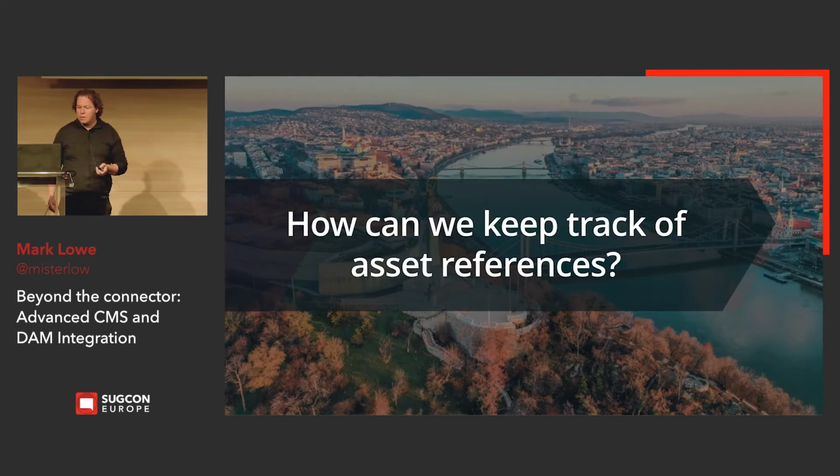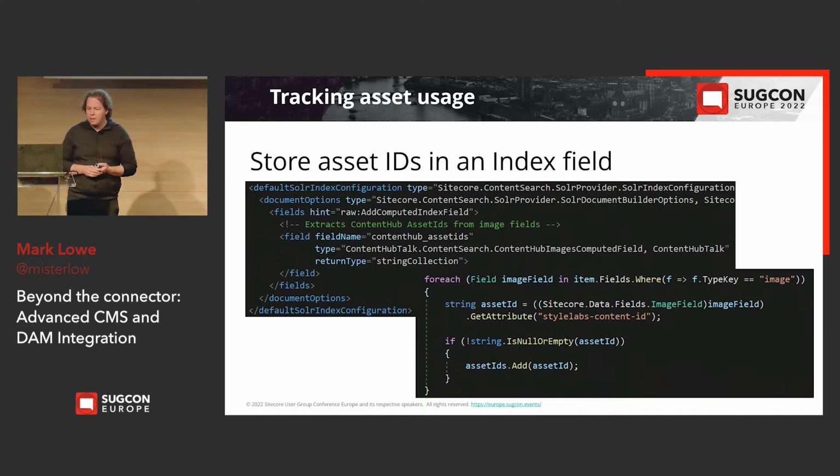What can we do instead? It's a bit code heavy, this slide, but it's basically all the code you need to come up with a solution. You can extend an index, basically any index. I would use the Sitecore master index with a computed field.